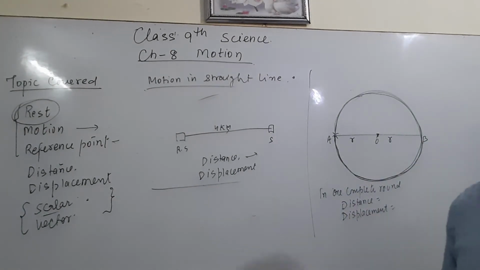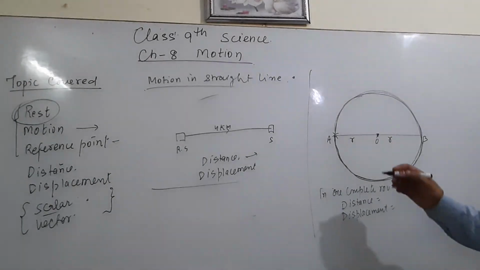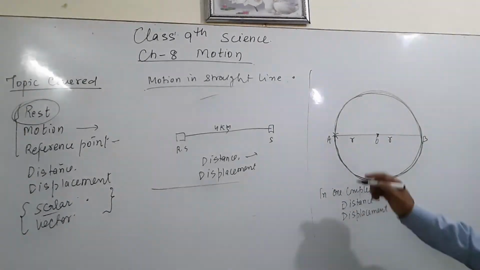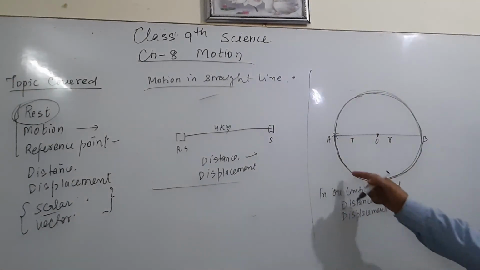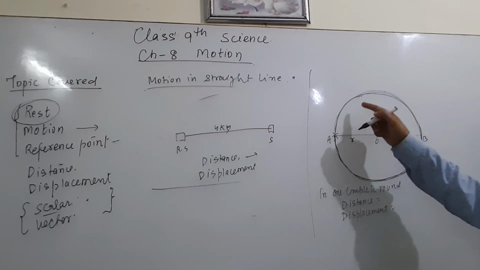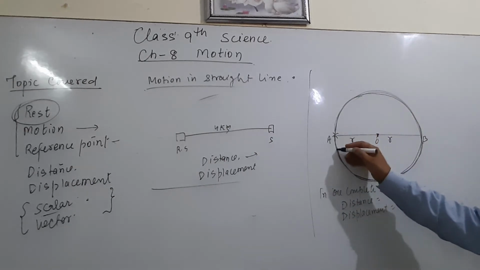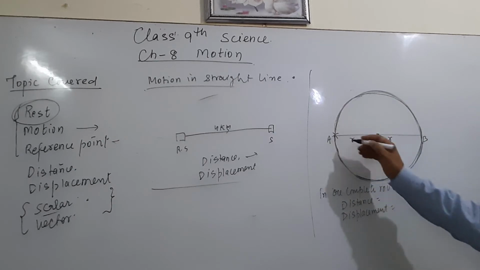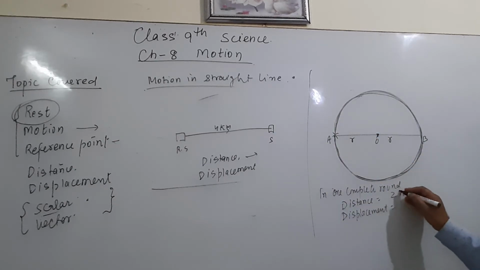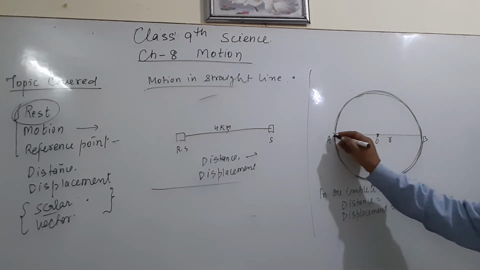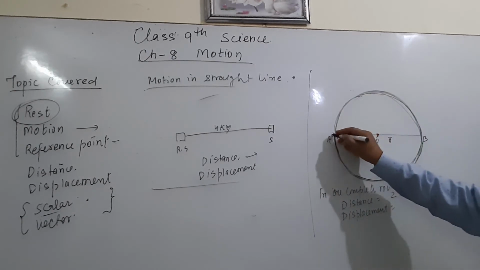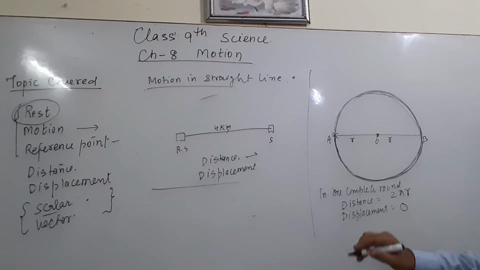If the radius is r, it means the actual path covered by the object, which is the circumference, 2 pi r. That is the distance, but displacement: I start from here and reach A again, so displacement is 0.